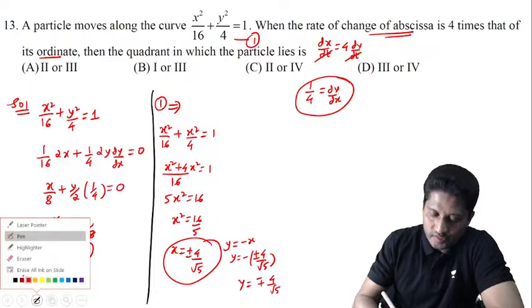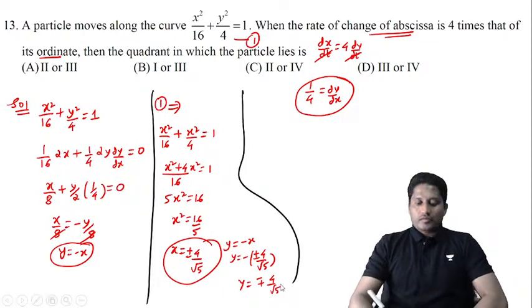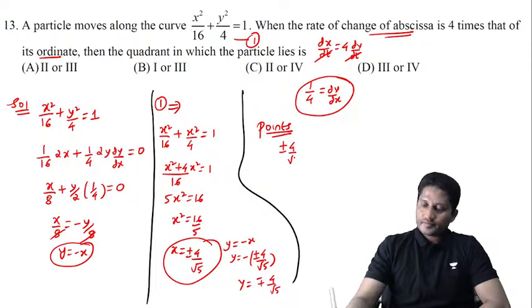Okay, so what are the points now? Therefore, the points are plus minus 4 by root 5, comma minus plus 4 by root 5.